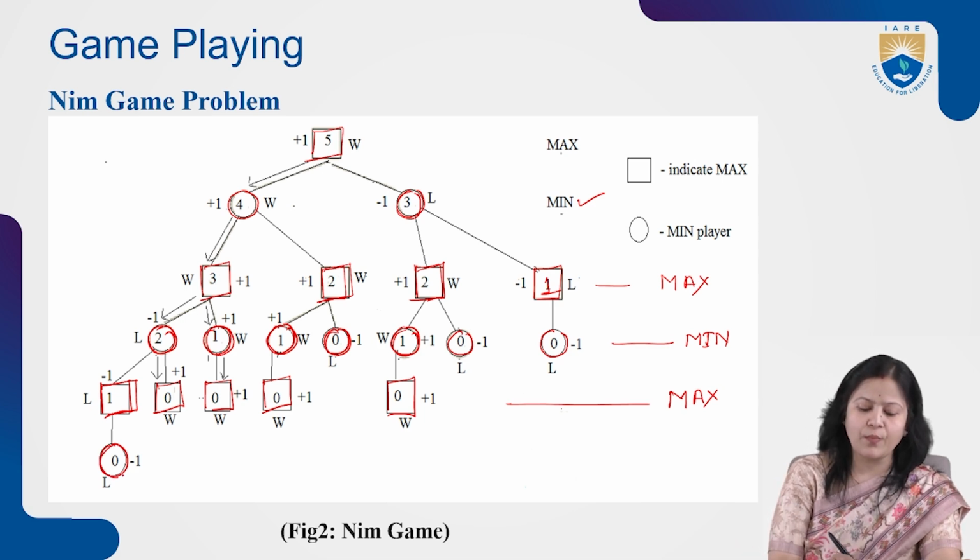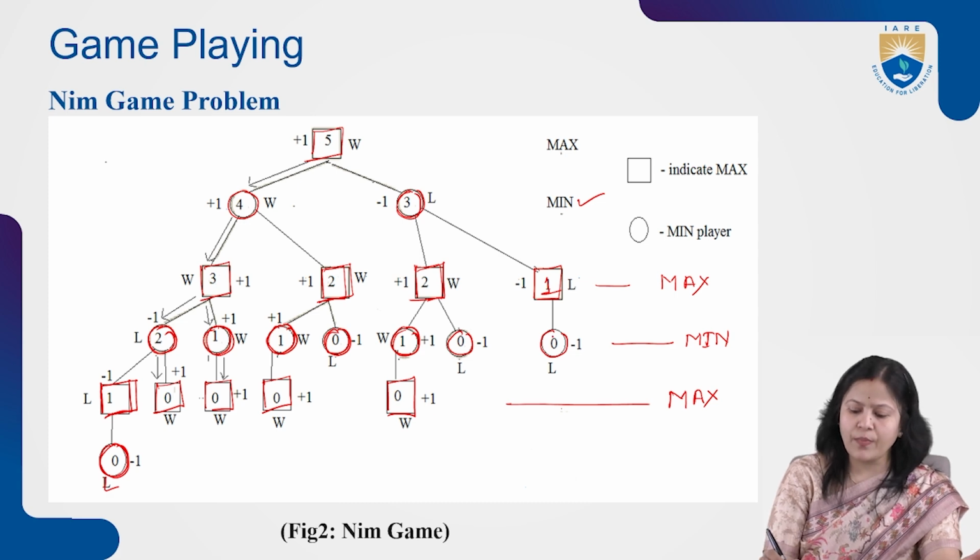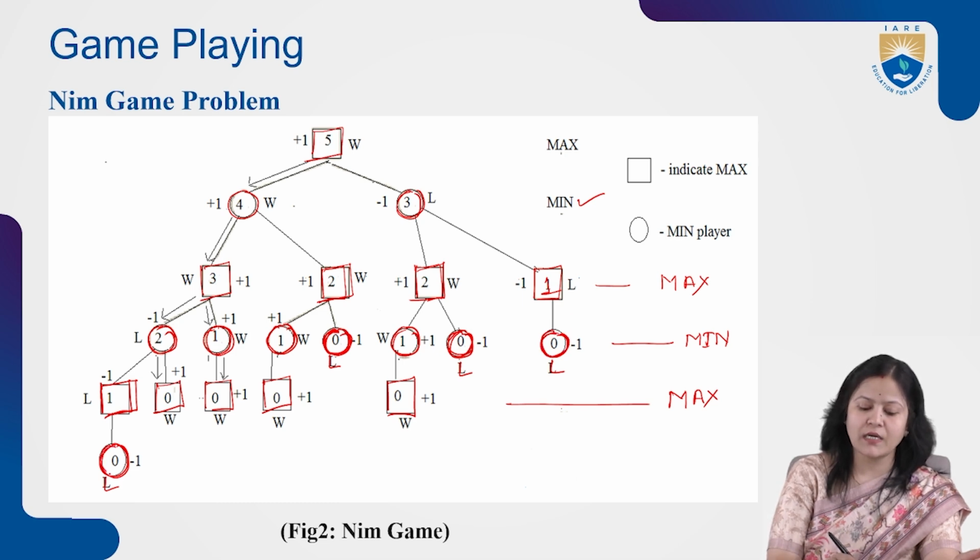Now for this mean player, we have written as L. For this mean player, we have written as L. For this mean player, we have written as L. Even for this mean player, because game is already completed. Wherever 0 is there, I am touching those nodes, because circle represents the mean player. So it is represented as L, and it is represented as L.